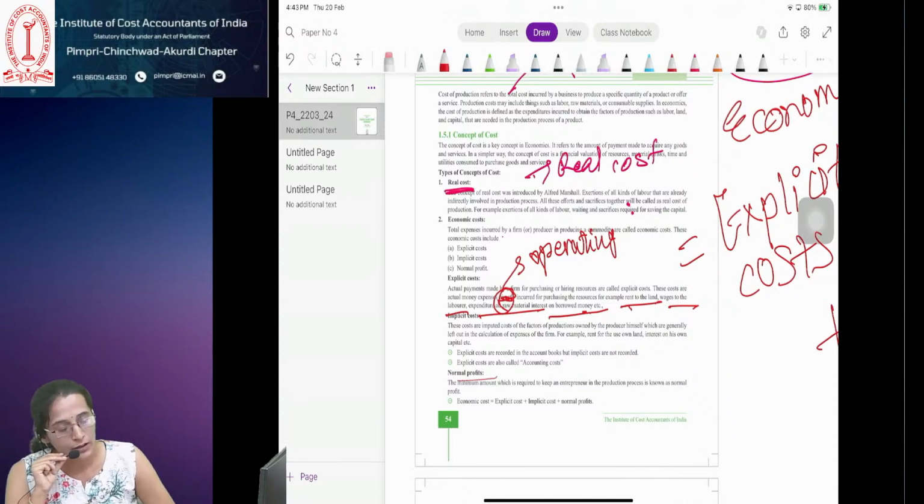In accounting terms, we do not record that interest on the capital. So that type of cost is known as an implicit cost, which is an imputed cost. It is a cost to the entrepreneur, but in accounting terms we do not consider it and it is not recorded in the books of accounts. Such types of costs are known as implicit costs. Okay?